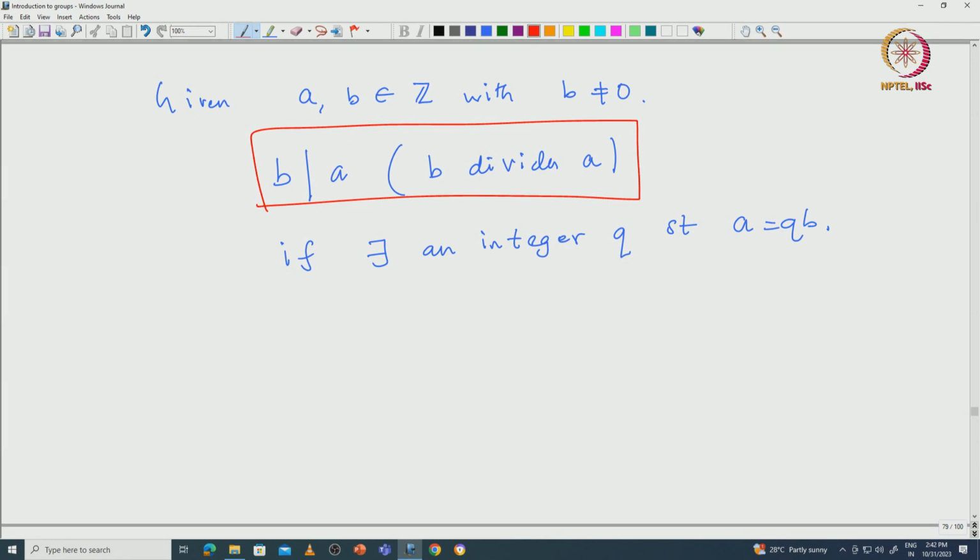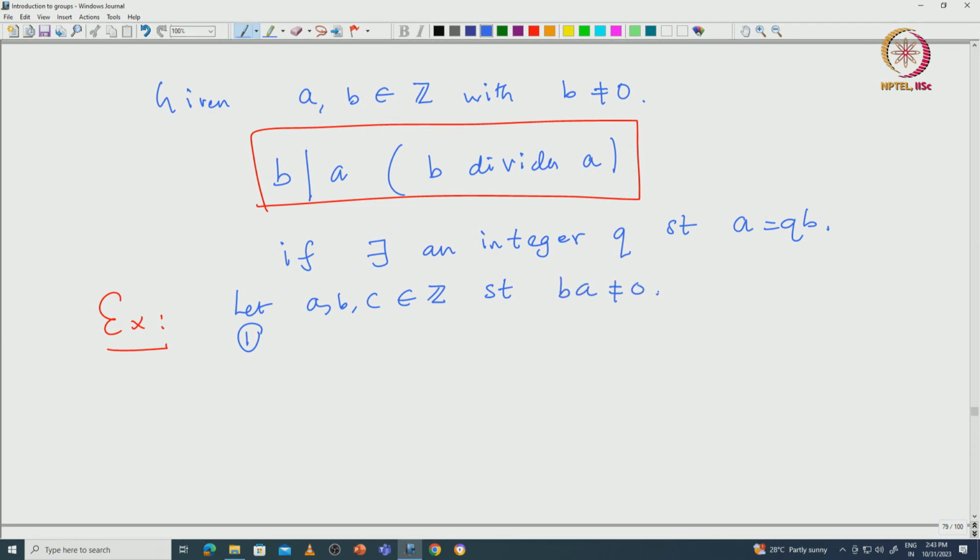Now there are some elementary properties of this divisibility. I will list all these properties. I will not prove them, I will leave them as an exercise. So here is the exercise. These are all some elementary properties. Let a, b, c be integers such that b and c both are non-zero.